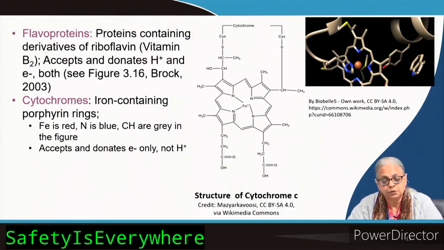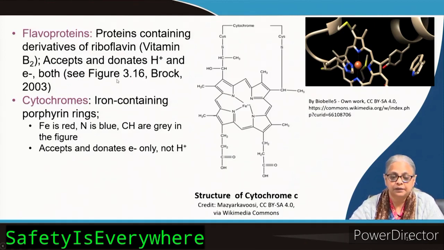Then we come to the cytochromes. Cytochromes are iron containing porphyrin rings. So you can see the iron at the center of this porphyrin ring, and this is the porphyrin ring which has nitrogens at 4 points at which it is bound to iron, and this is a schematic again from Wikipedia.